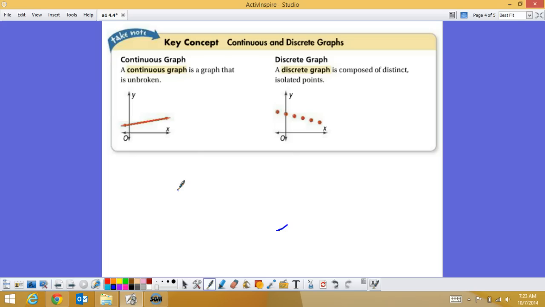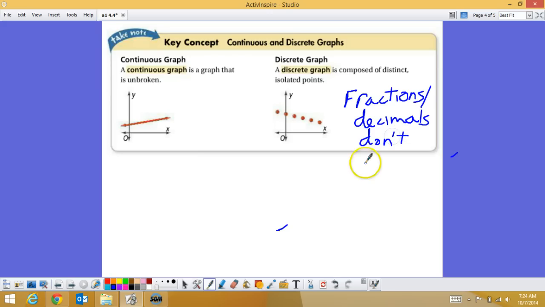For the discrete graph, fractions or decimals don't make sense in that situation. So that's the main thing that differentiates a continuous graph from a discrete graph, is whether fractions make sense or not.